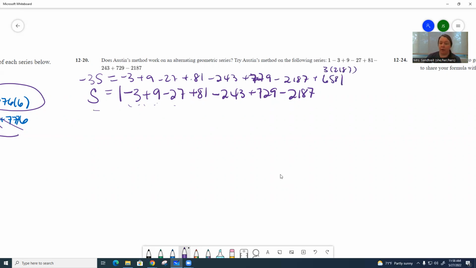All right, so I have all that, and then I'm going to subtract, right? So when I subtract -3 minus a -3, that's -3 plus 3. 9 minus 9, 27 minus -27. Okay, again, these all cancel.